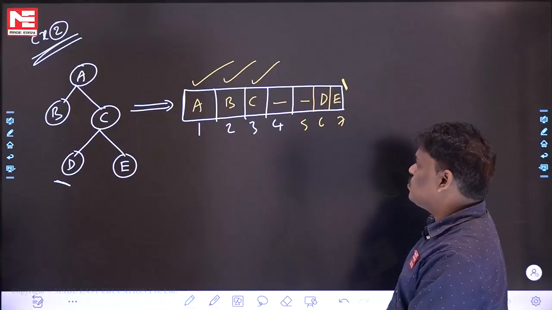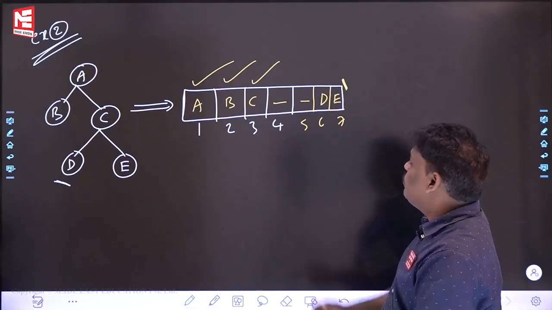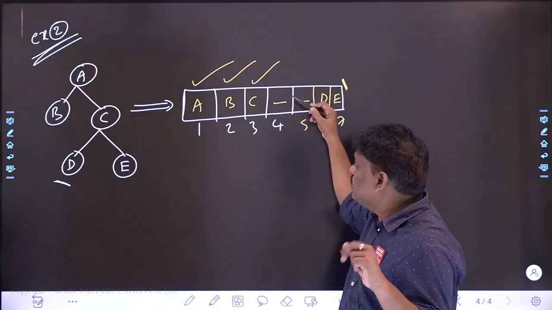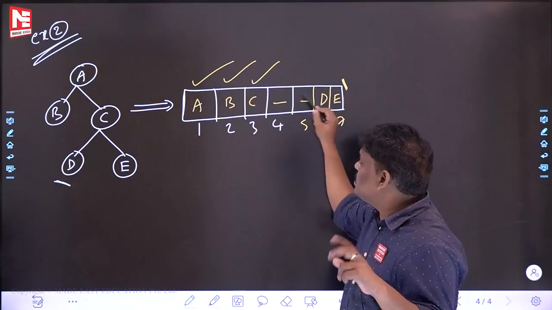So A is followed by its 2 children B and C. In that, B came first. B is followed by its 2 children. If not there, say not there. Some people make this mistake: B is followed by its 2 children, not there.